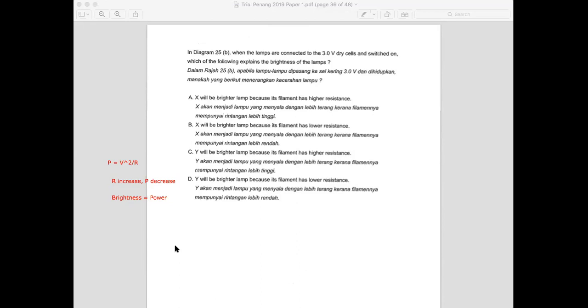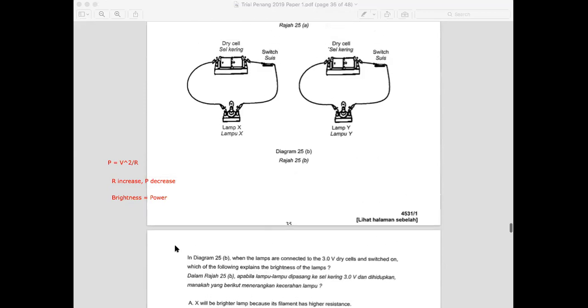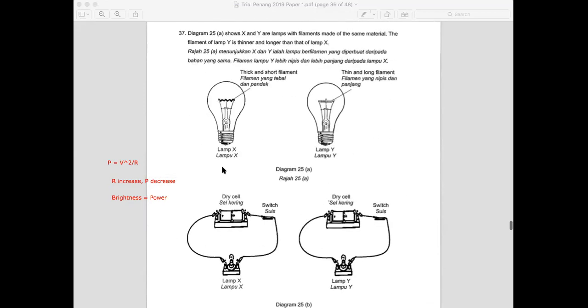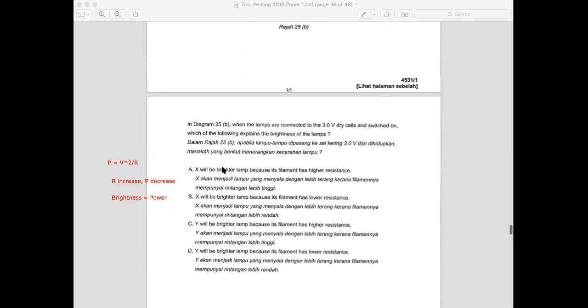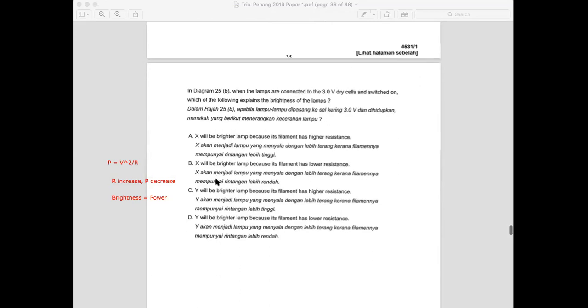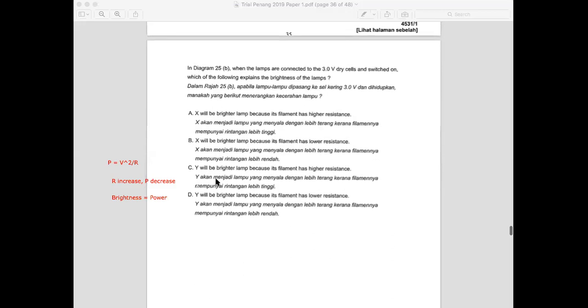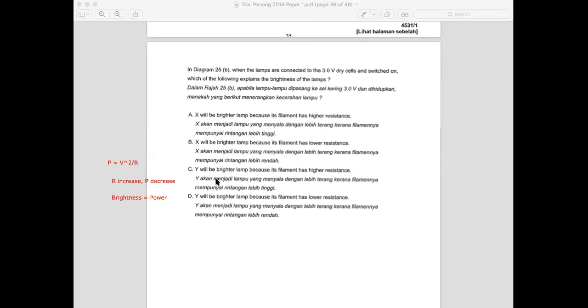Tapi difference dia sikit je dari segi ketebalan, nipis tu just berbeza sikit je. So it should be about length dia pun patutnya samalah. But if not, memanglah kalau macam ni X memang tak bright, kalau dia pendek memang is not bright lah. But then when you calculate the terms of power, why 100 watt is brighter than 60 watts. So what they change is just the resistance tu.